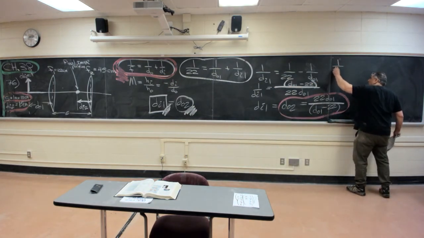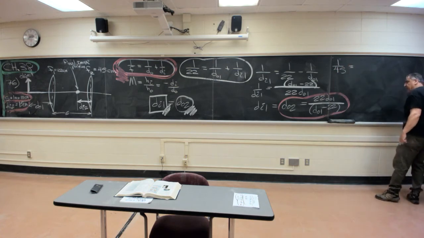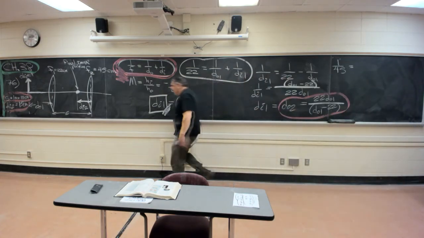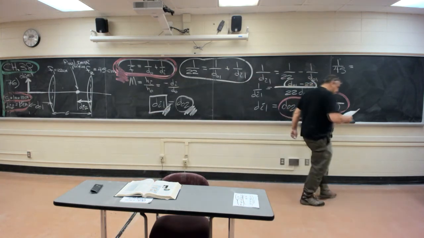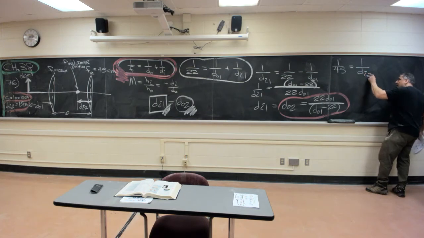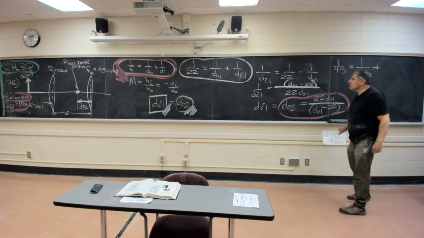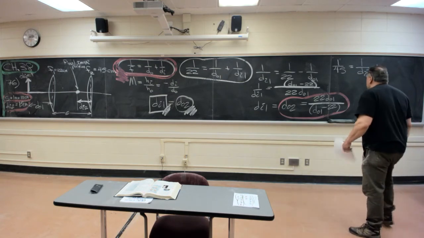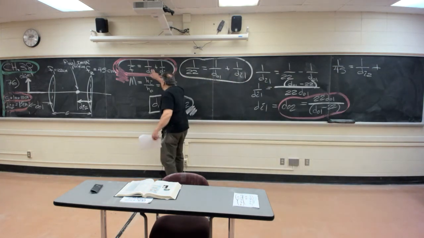I got 1 over 45 equals the last image, which is Di2. And now we got to talk about that. 1 over Di2. And that's an image. It doesn't matter what you say first. You could put 1 over di plus 1 over do.